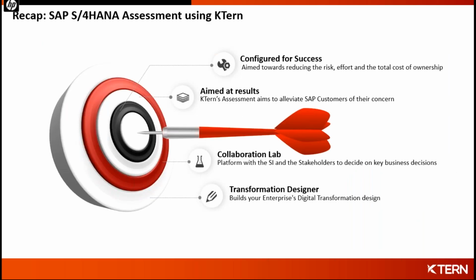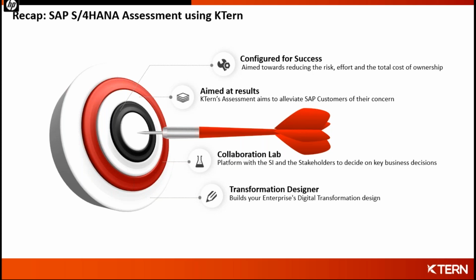Since I touched upon the automation capabilities and the custom code management, we have done previous webinars on the business value of S4HANA and how KTern as an intelligent suite can help you understand the business value and the impact of your current ECC system when it is transformed into an S4HANA system.